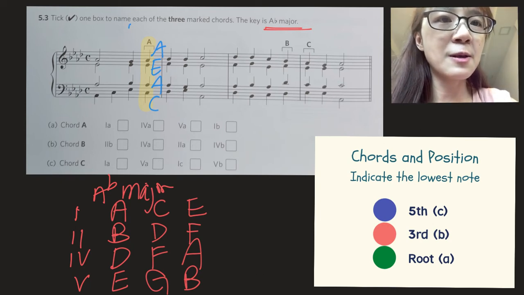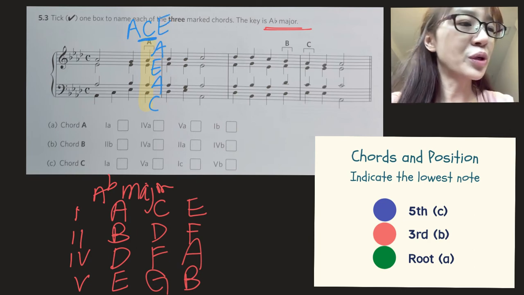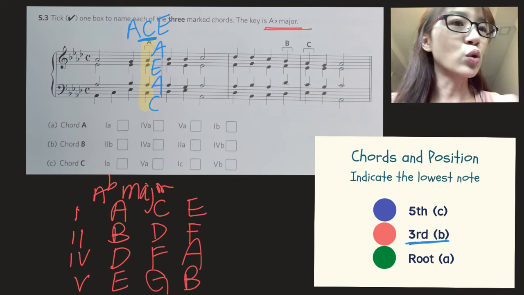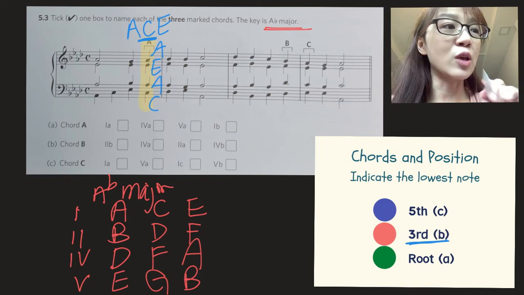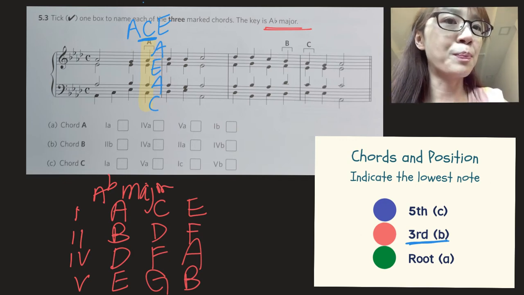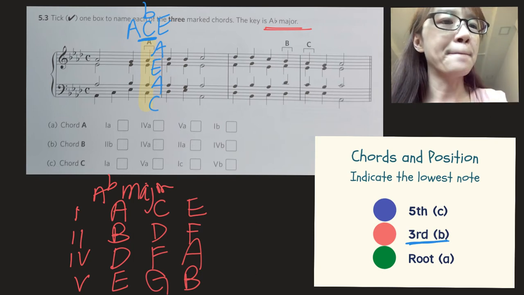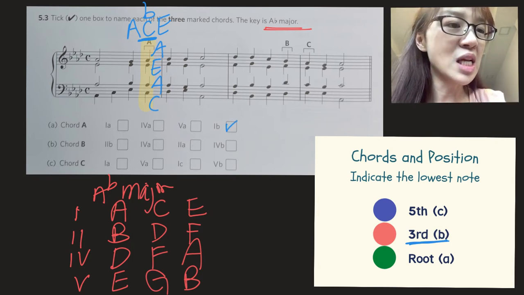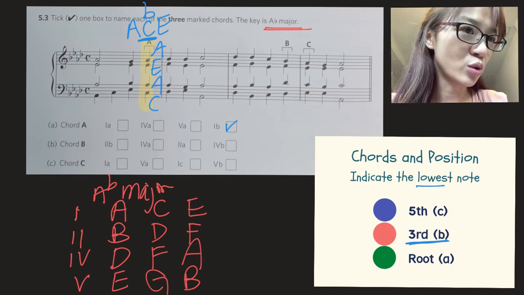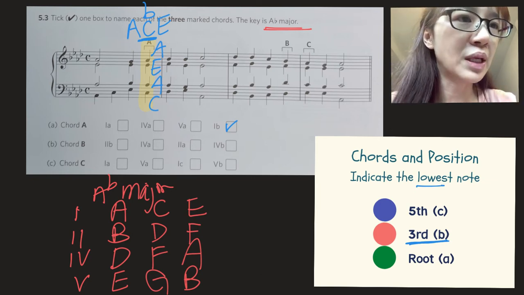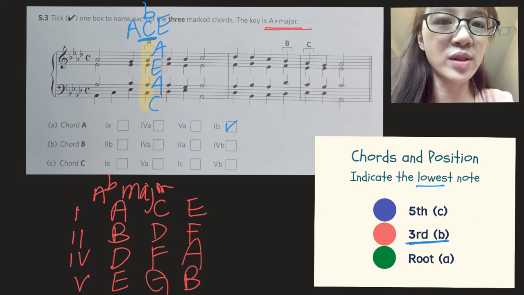A, C, E, the lowest note is the C. So if the middle note is the lowest note, you consider it as B. You indicate this is B. So this is chord 1, B, because the middle note is the lowest note. So question B, chord B. This is the chord that you consider.